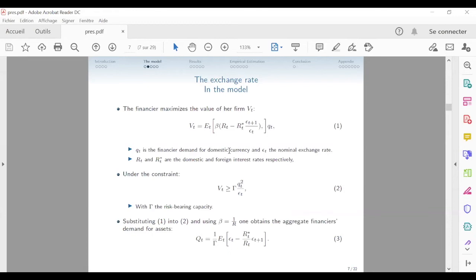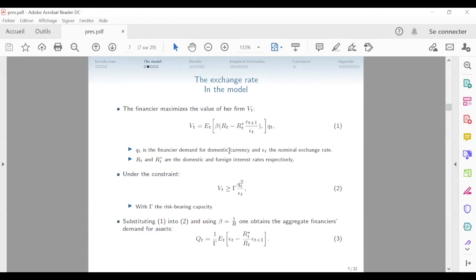The financier maximizes the value of its firm, V_T, where R_T is the domestic interest rate, R*_T the foreign interest rate, and epsilon_T is the nominal exchange rate. An increase in epsilon_T represents a depreciation of the domestic currency. And Q_T here is the financial demand for the domestic currency.